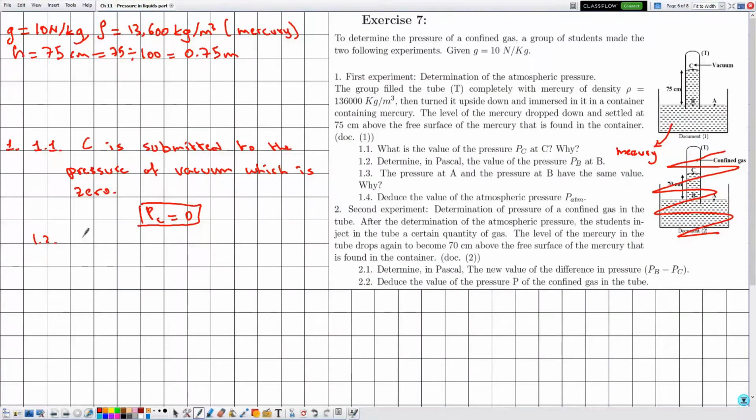So first, let's say that B is submitted to the pressure of mercury and to the pressure of vacuum.